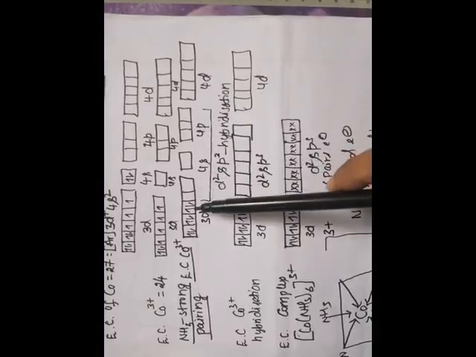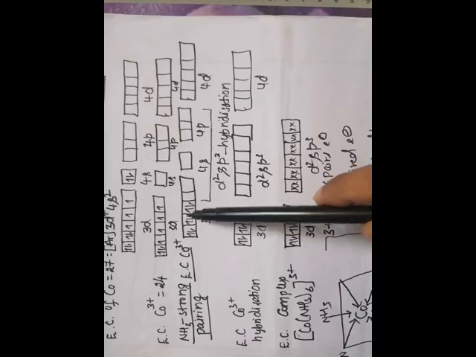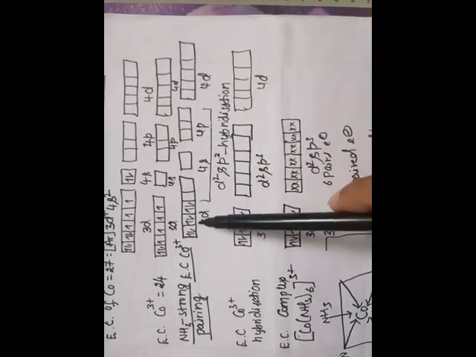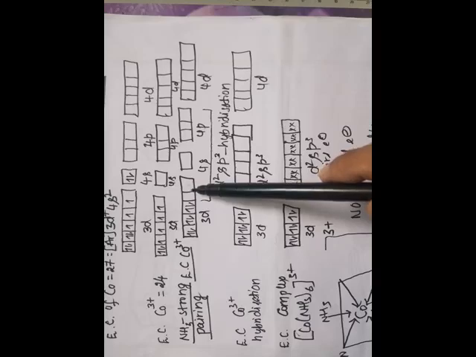In this complex, the inner d orbitals are used for the hybridization. See, this is the inner d orbital and this is the outer d orbital. So in this complex, the inner d orbitals are involved in the hybridization.